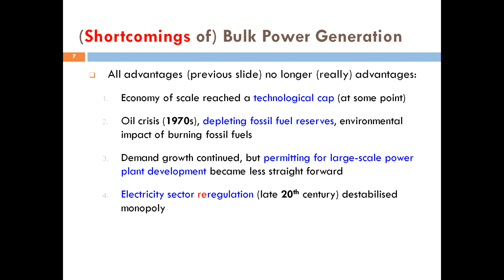Obviously, this would have implications on how the whole electricity supply chain is run, and this also had some sort of destabilizing effect on the monopoly.